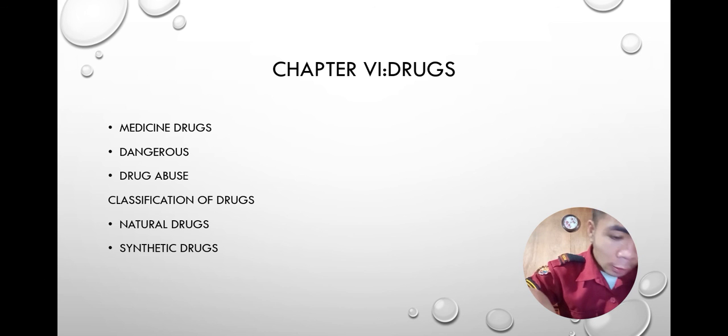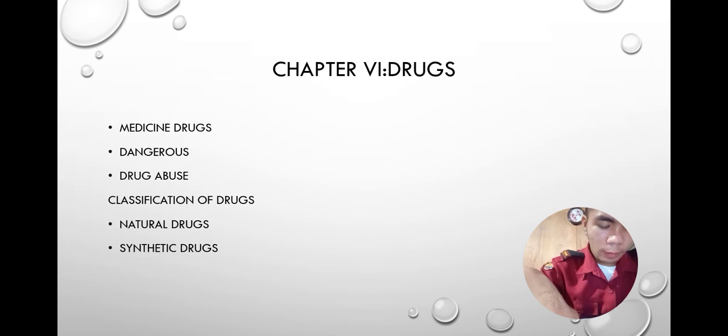The first one is natural drugs, which are active ingredients, secondary metabolic products of plants and other living systems that may be isolated by extraction. One of the examples of natural drugs is raw opium, marijuana, and coca bush, from living systems.